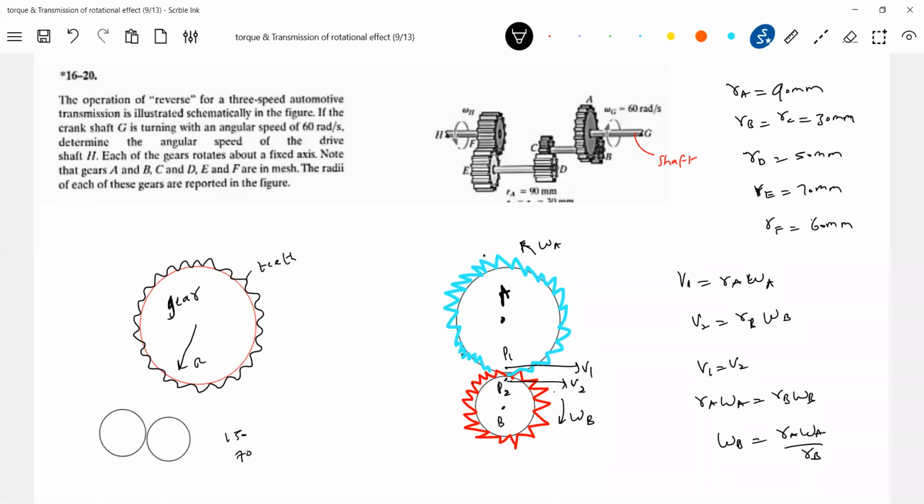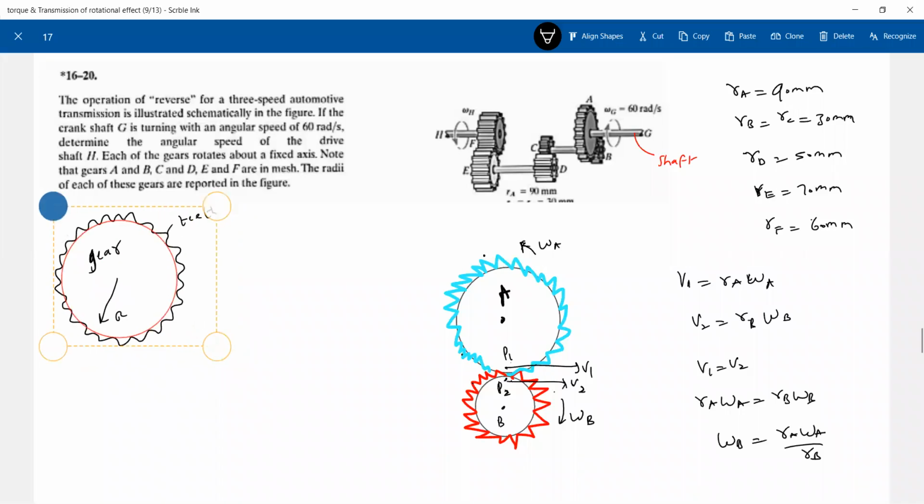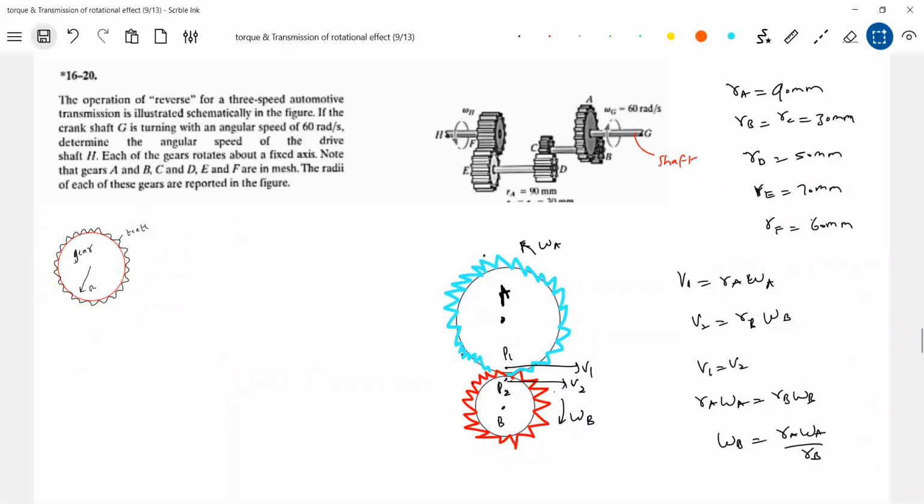Now come for gear C and gear D. If you are finding it very difficult, just put individual diagrams. And now gear C and gear D. So how should gear C rotate according to this? Clockwise.